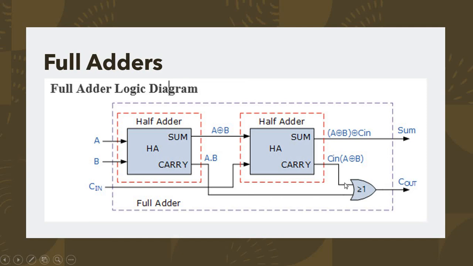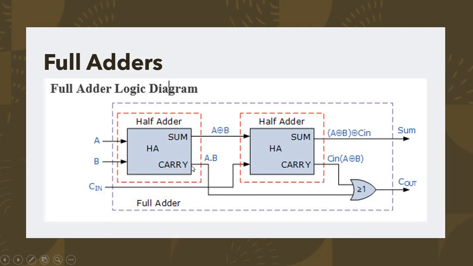That will be the carry out, ORed with the carry of the first half adder. So now you have your C out. Again, there are still only two outputs, but inside the block of your full adder are two half adders. Just take note of this diagram.